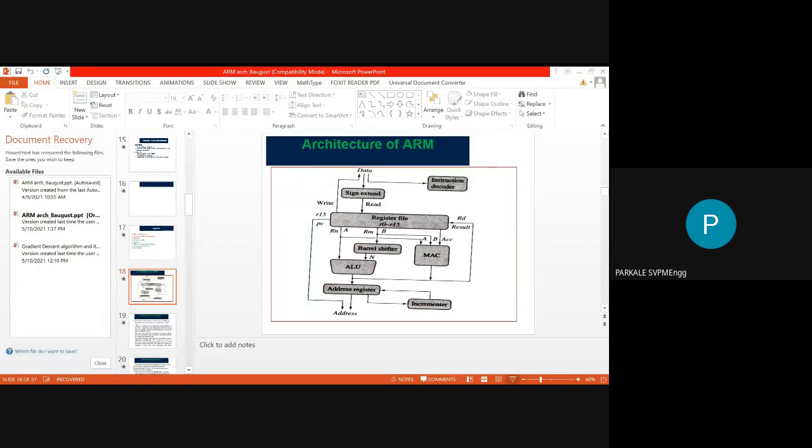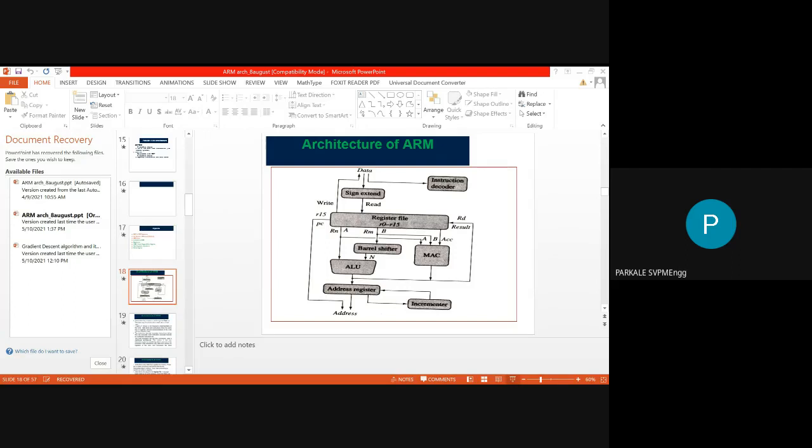So what is data? There are two types of data. One is called the actual data, and the other is the instructions. For example, add a comma b.